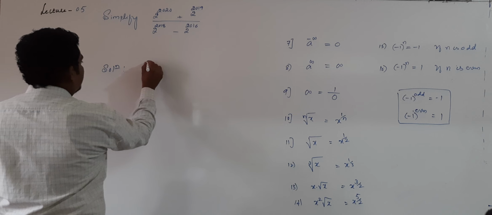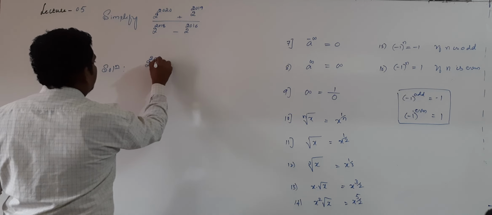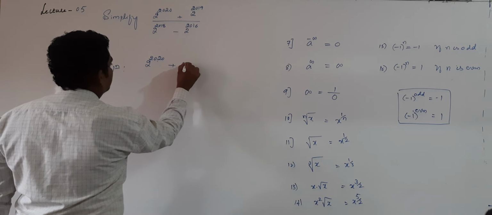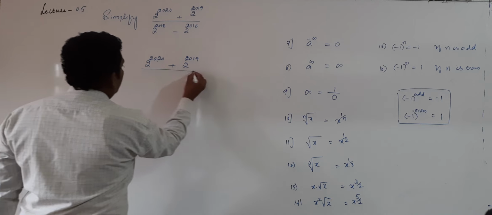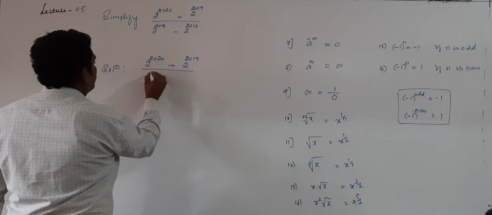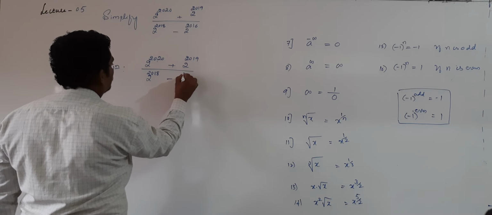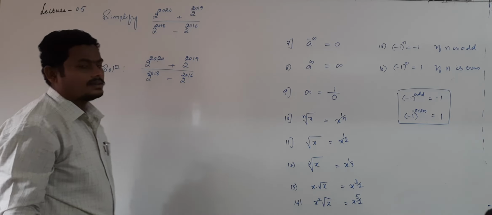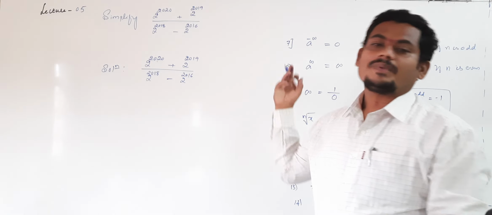Consider the given expression: 2 power 2020 plus 2 power 2019, whole thing divided by 2 power 2018 minus 2 power 2016. Simplify this expression means write this expression in the simplest form.